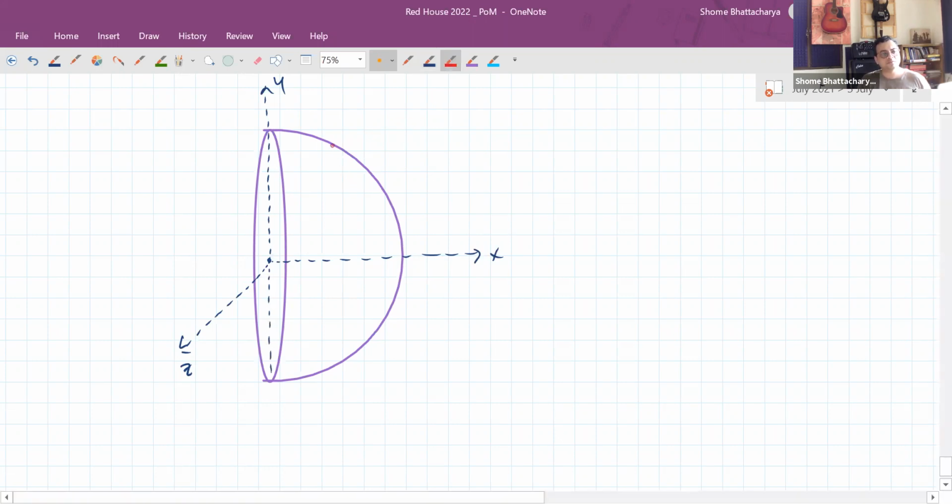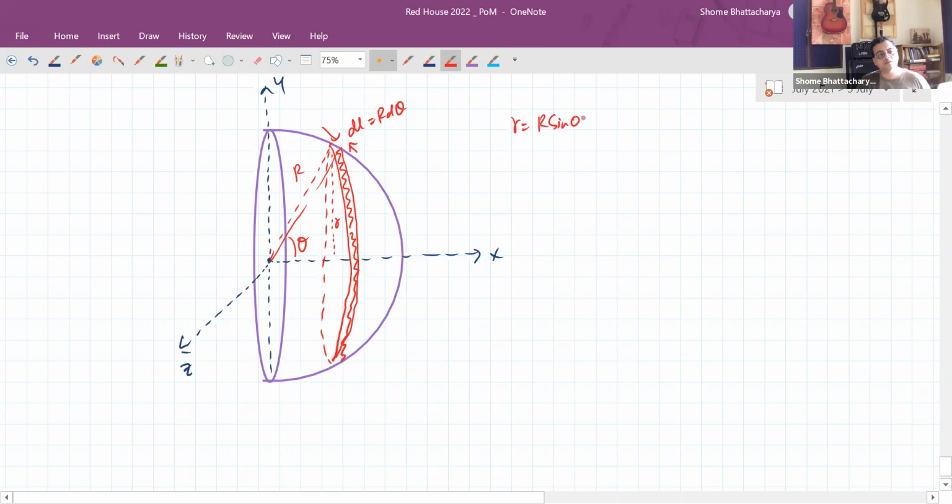So what we'll do is, taking the symmetry axis, we'll cut a thin ring like you're used to doing in gravitation or electrostatics. Whenever you have to do along the surface of a sphere or a hemisphere, slice it into rings where the position of the ring is taken by this angle theta and the thickness of the ring is taken as r d theta, and the radius of this ring becomes r sine theta in my case.